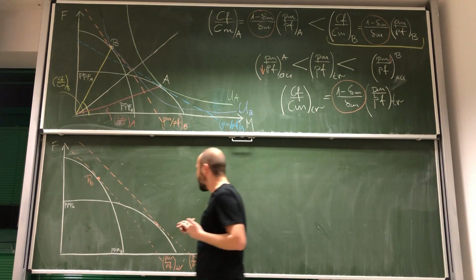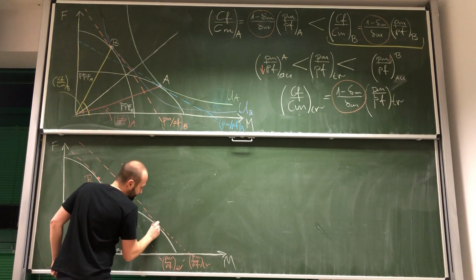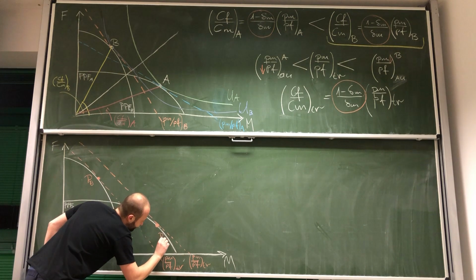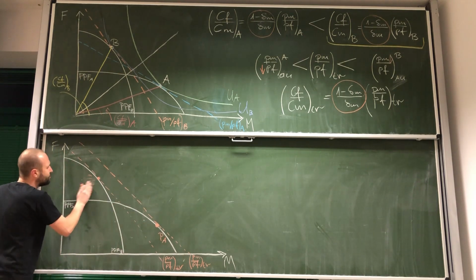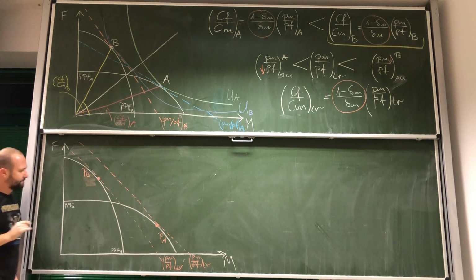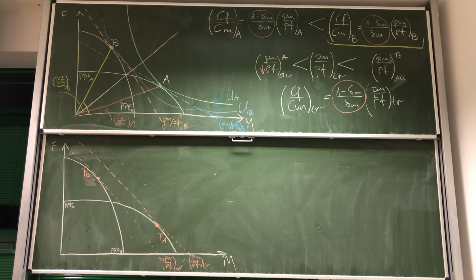Okay, so now what we found over here is a point that we're going to call production equilibrium in Austria. Okay, I'm going to move this B over here. Why? You will see in a second.